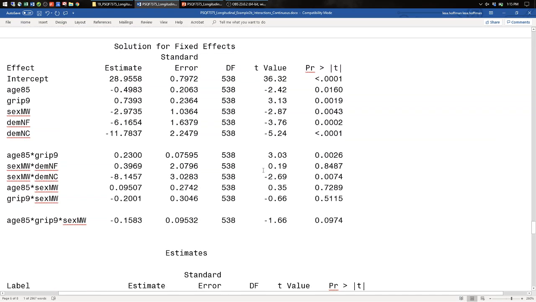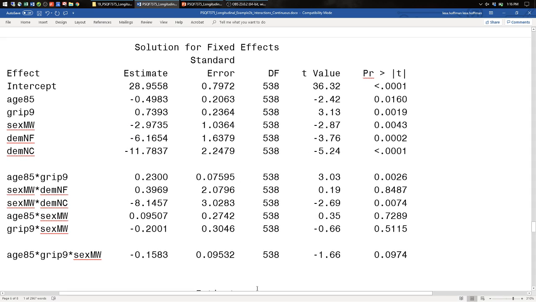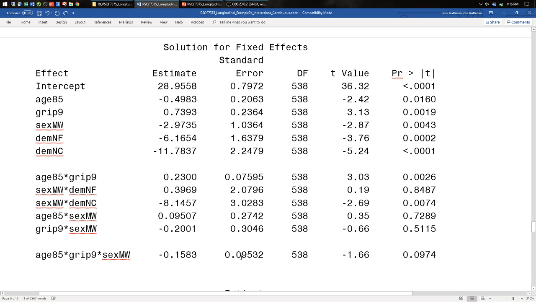Okay, so here we go. Let's just start with the model fixed effects. So intercept. Expected outcome for what kind of person? Age 85, grip 9, a dude without dementia.